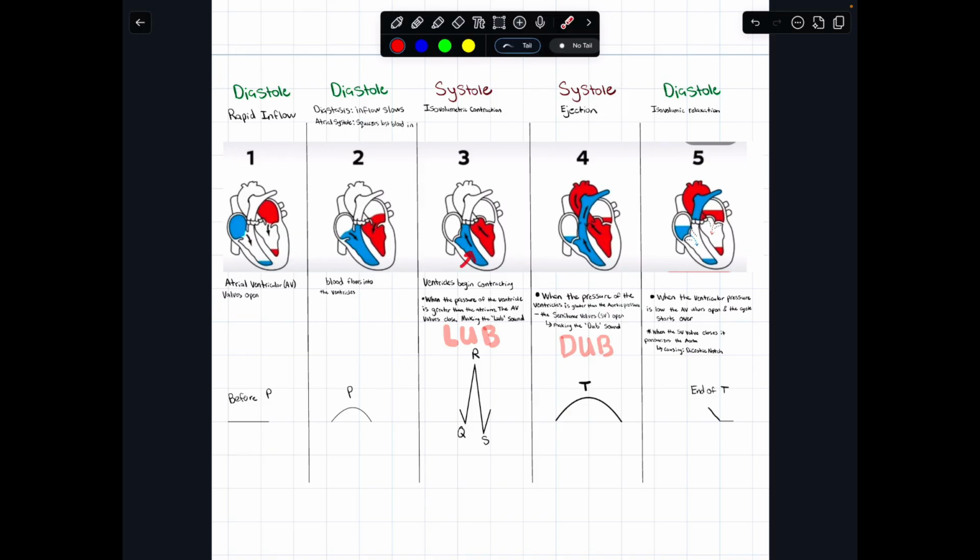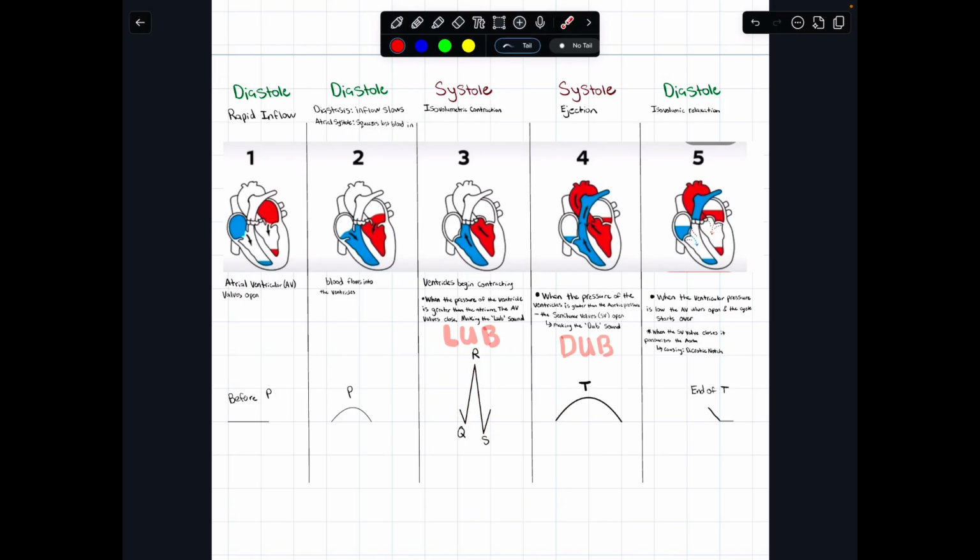That's when our ventricles right here begin to tighten up. And when the pressure of the ventricles is greater than the atrium, the AV valves right here, they'll close. And they're kind of like a latch because once you start putting pressure that way, they'll close even tighter. And that's what gives us our lub sound. And that also happens when these are contracting, which would make sense that it goes with our QRS complex.